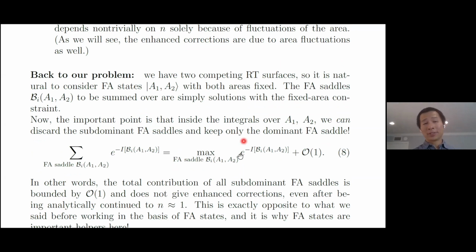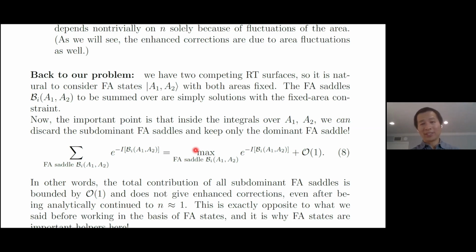The fixed area saddles that we're going to sum over are simply solutions with the fixed area constraint that sets both areas to fixed values. Now, the important point, this is probably the most important and surprising point of the talk.